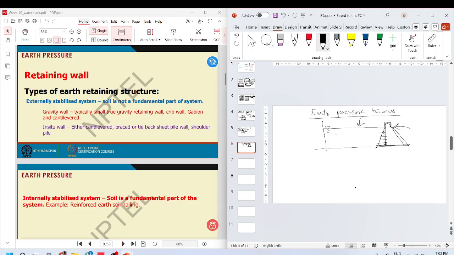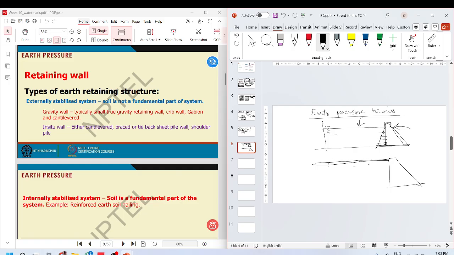The same thing happens when we build earth retaining structures, which means you build structures, embankments, like earth and water retaining structures, to retain earth or soil.